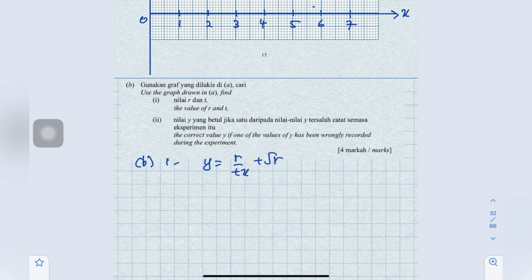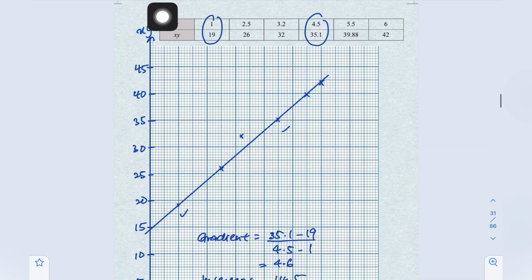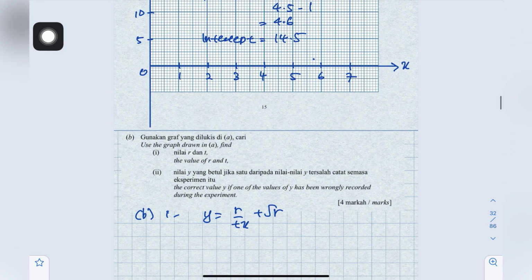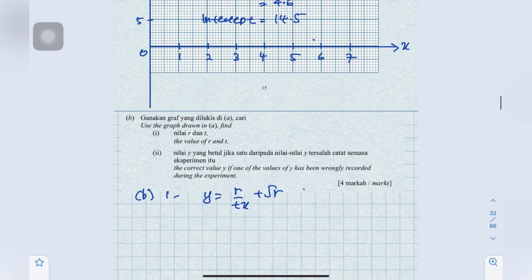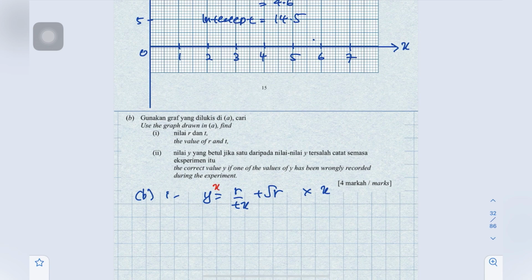Okay, tapi the clue is, the big Y is xy. Kita ada y sahaja. So meaning that we need to times x. Semua kita darab dengan x. So ni darab x, darab x, darab x.